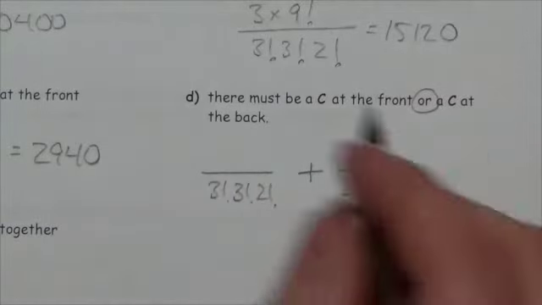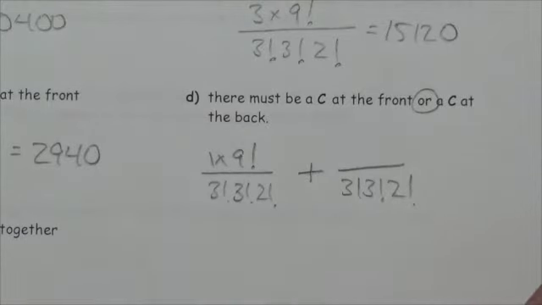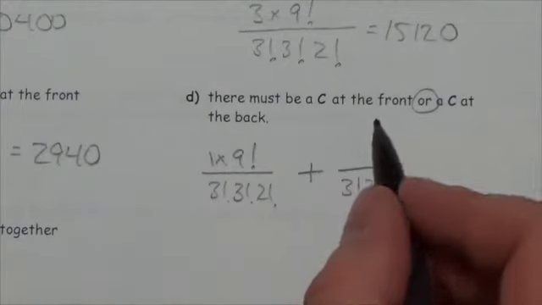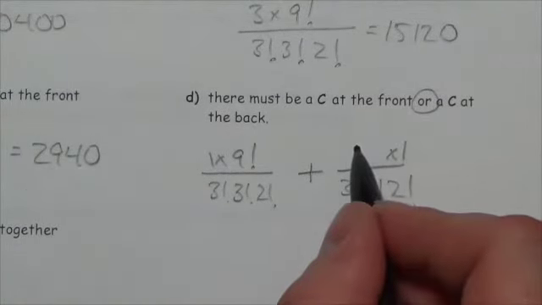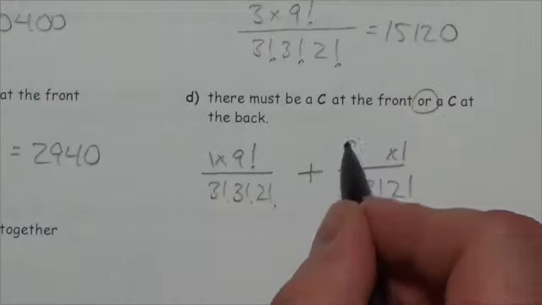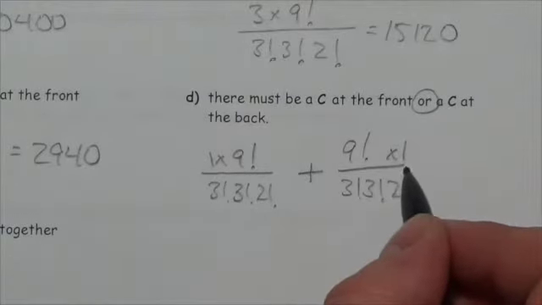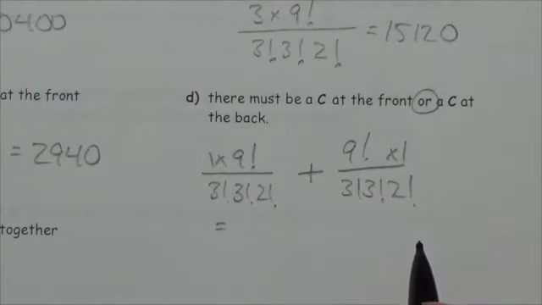Now in statistics there's only 1 C. And that leaves me with 9 factorial different ways of permuting the rest of the letters behind that C. Or I put the C at the end, and I've got 9 factorial different ways of dealing with those letters in front of that C. Okay, so C at the front or C at the end.